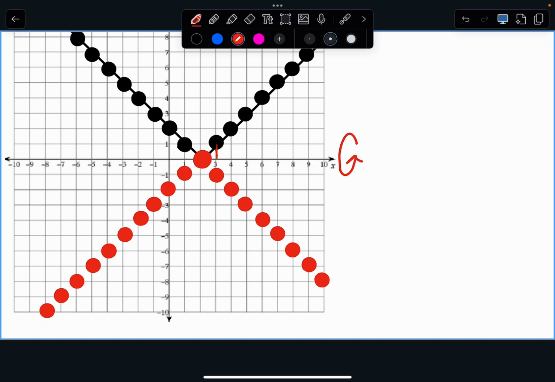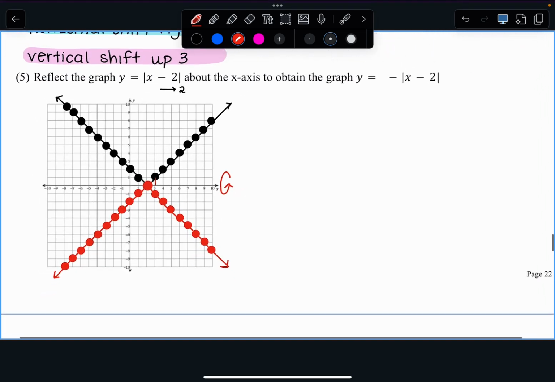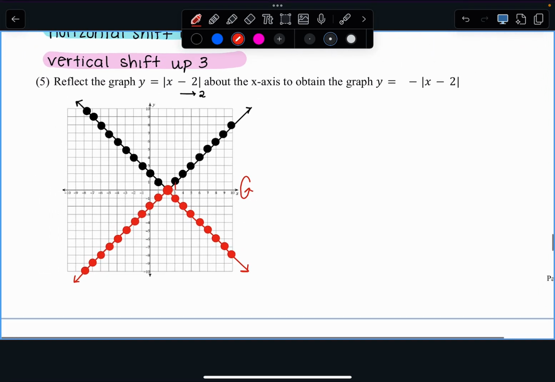So this is what our graph looks like. The red one is reflected over the x-axis.